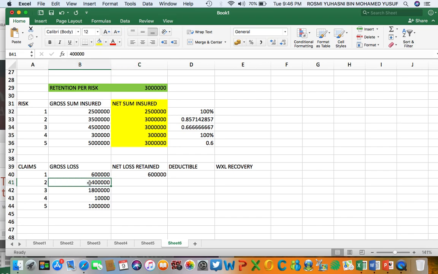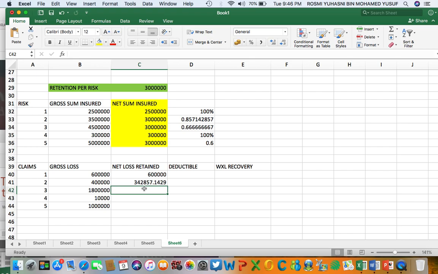For risk number 2, for the gross claim of 400,000, will insurer retain the whole 400,000? The answer is no, because they only retain 85% of the original risk. So meaning that the net loss retained is 400,000 times 85%.